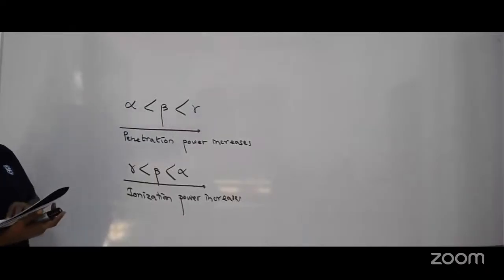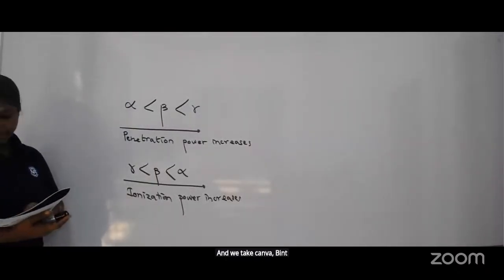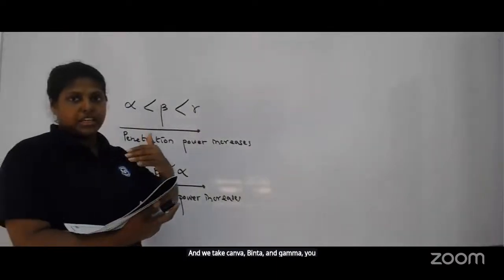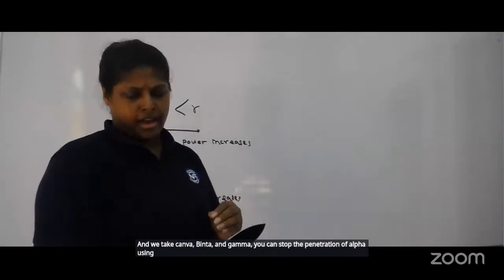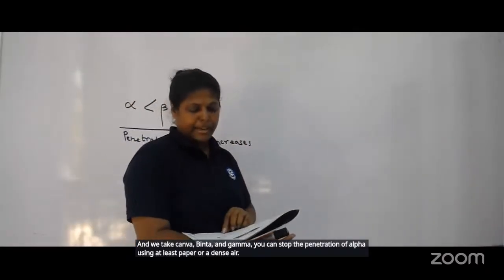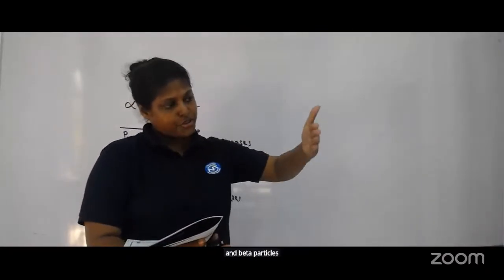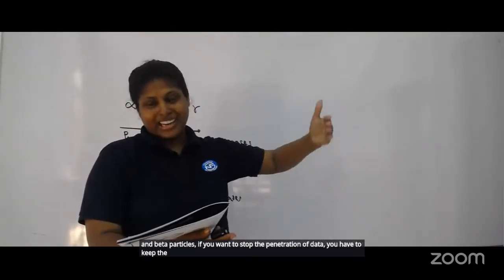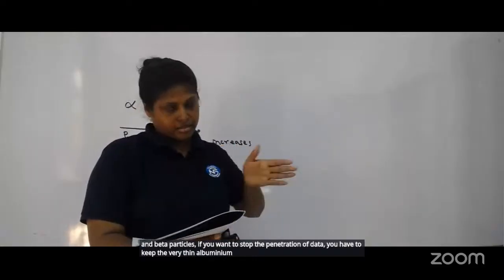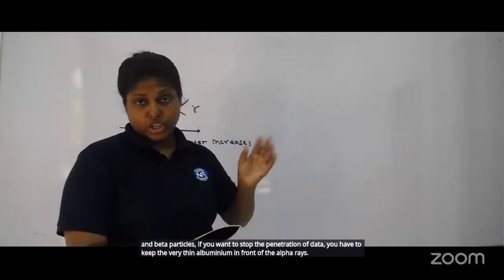When we take alpha, beta, and gamma, you can stop the penetration of alpha using at least paper or dense air. To stop the penetration of beta rays, you have to keep very thin aluminium in front of them.